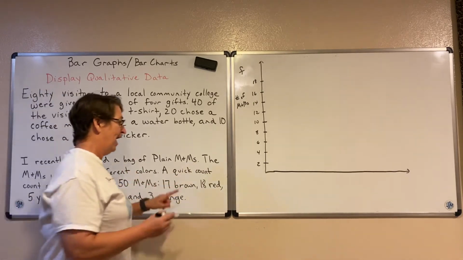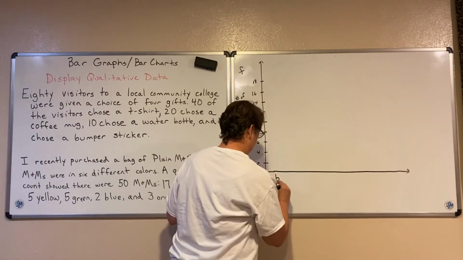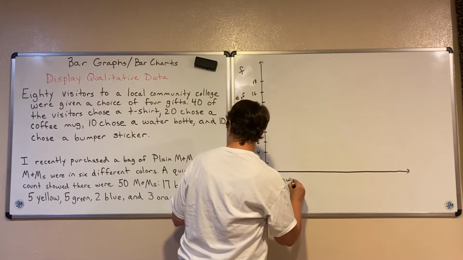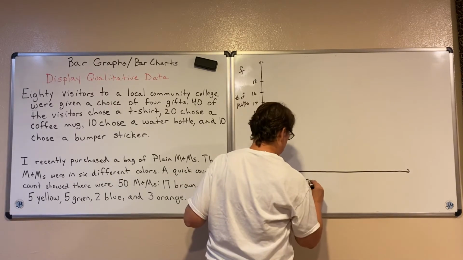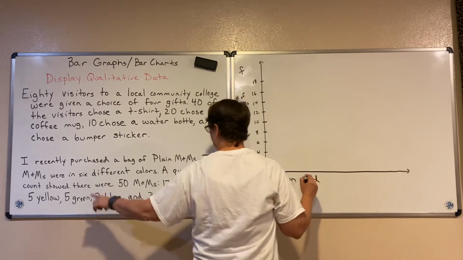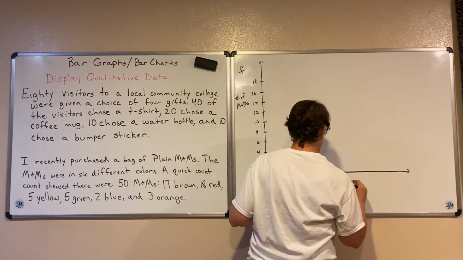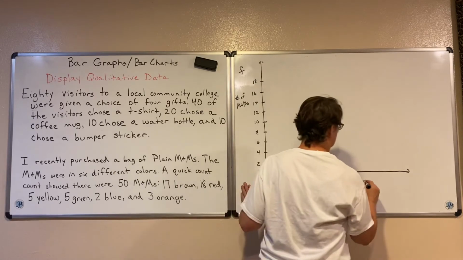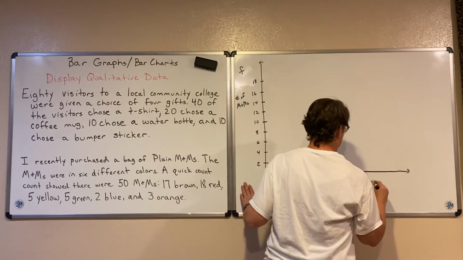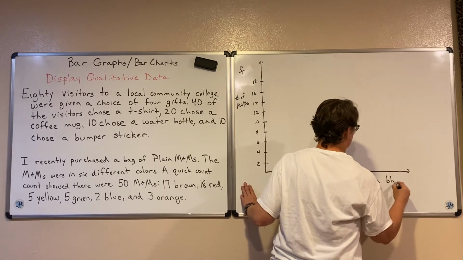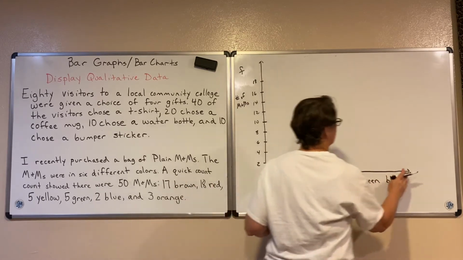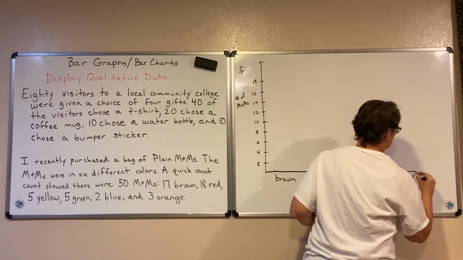So brown is one color, red is another color, yellow is another color, green, blue, and last but not least is orange.